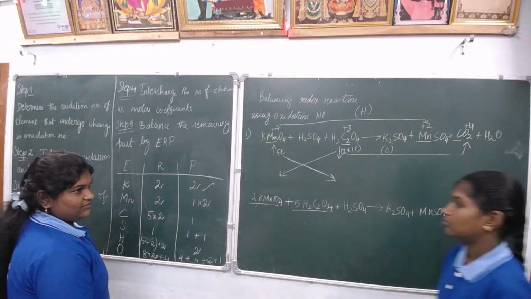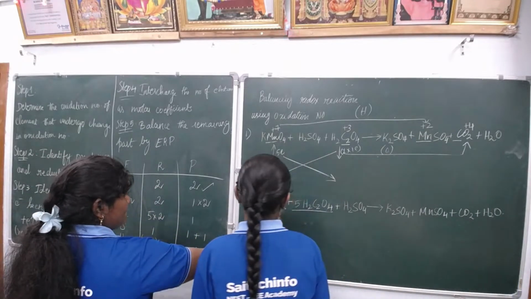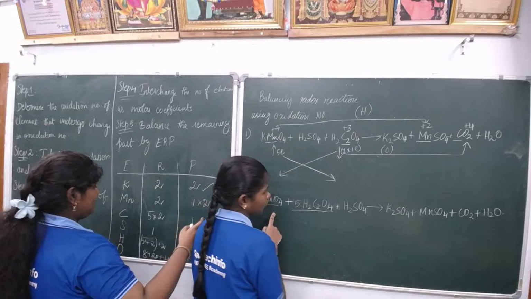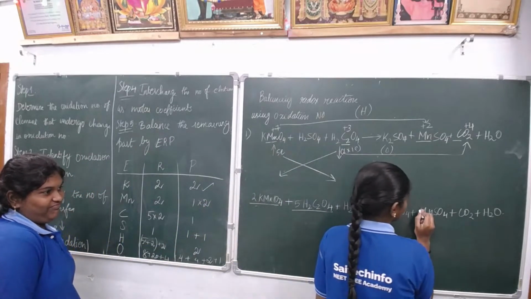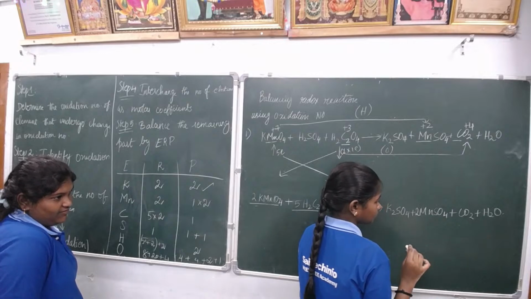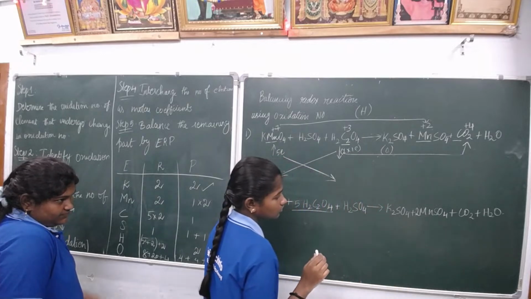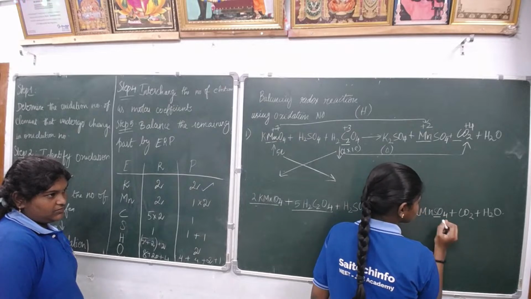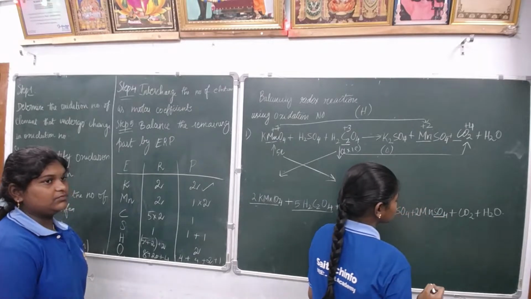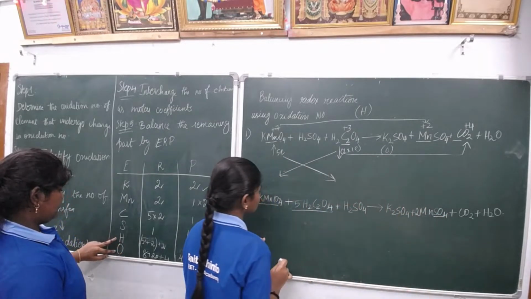Where is this manganese available? On the product side. Multiply by 2. When you multiply, what are you doing? You are multiplying sulfur also, is it not? Underline sulfur and also oxygen. So you have to account for that. Now what you are supposed to do? Go to sulfur.